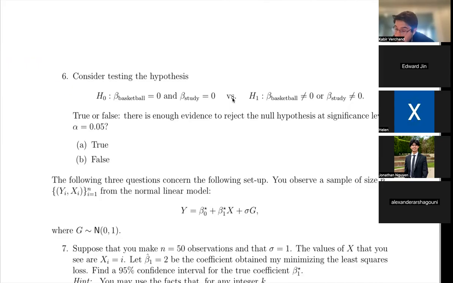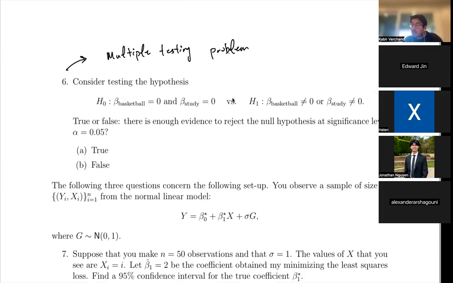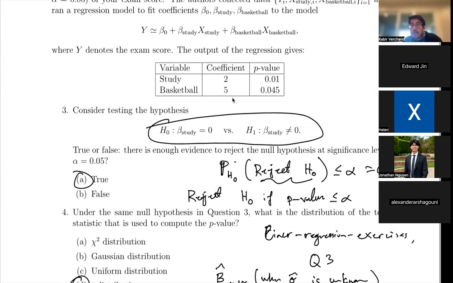Now, this question is an instance of what's called a multiple testing problem, where the issue is that if I try and test many, many variables, say hundreds or thousands of variables, and I'm interested in significance level alpha equals 0.05, if I try to just reject the null hypothesis at that level for each of these variables individually, which is what the output of this software gives me, I'll get a bunch of what are called false discoveries.